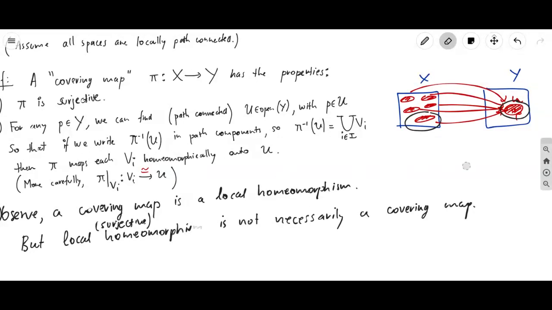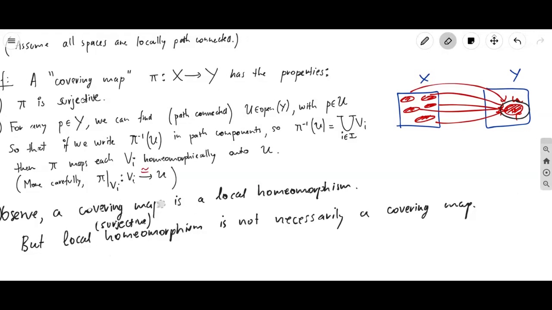But with a local homeomorphism, there is no assumption that the other open sets that are being mapped to you are being mapped homeomorphically. Maybe that's the thing. They're not necessarily being mapped homeomorphically into you. A local homeomorphism will just say you can find one of them that's being mapped to you, but not necessarily all of them. And a covering map has this additional requirement that all of them are being mapped homeomorphically to that U. So it's a stronger assumption.